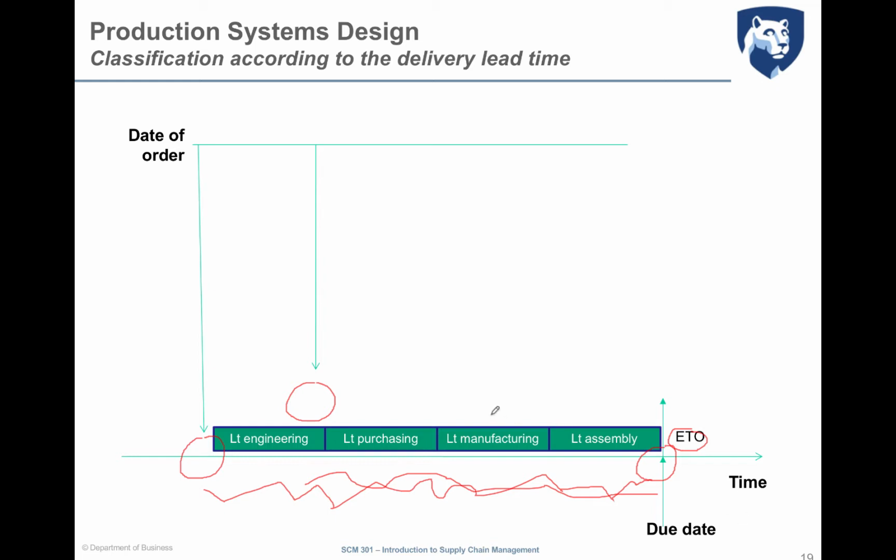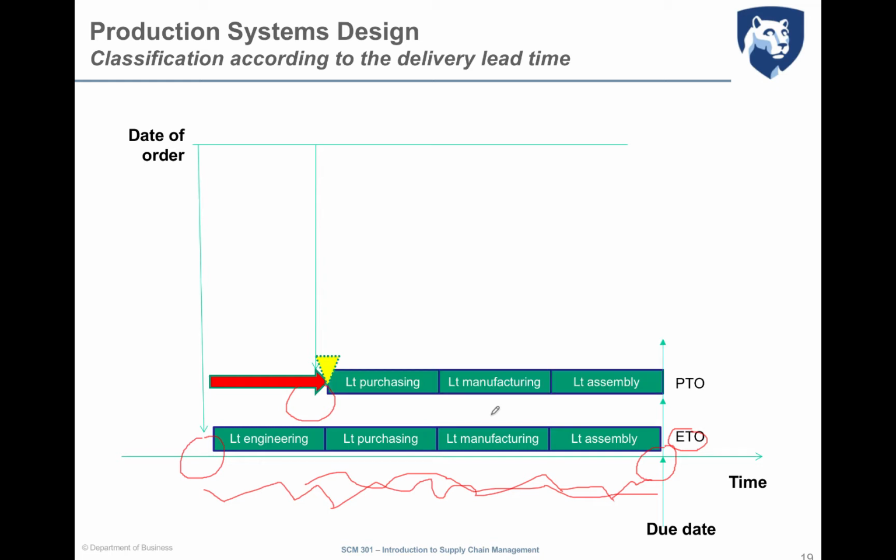So when the customer order arrives, you still have in mind the configuration of the product and the configuration of the production system, because the engineering phase needs to be made in advance, before the date of the order put by the customer. Instead, you can wait to purchase specific materials, manufacturing, and assembly. These systems are called purchase to order.